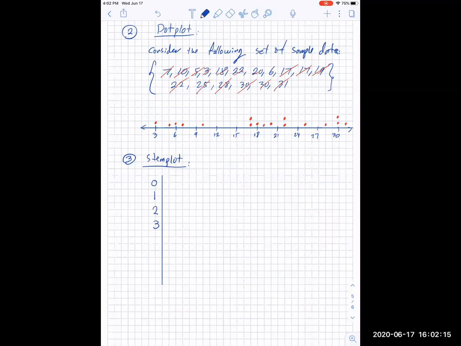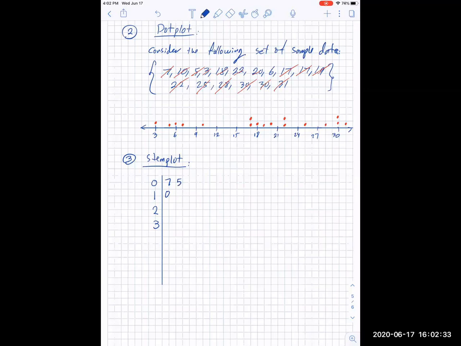All right, so the 7, I will say it is 0, 7. The 10 is 1, 0. The 5 is 0, 5. So I go back to the first row and put 5.